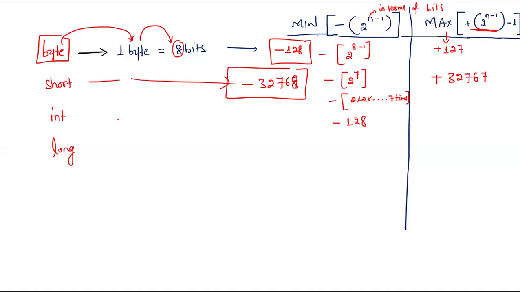Similarly for int, even though I don't remember exactly, it is minus 2 billion. It's a 10-digit number that starts with minus 2, and the maximum is plus 2 billion, one less than the minimum value in magnitude. And long is a very huge number. So these are the ranges of the first 4 data types.